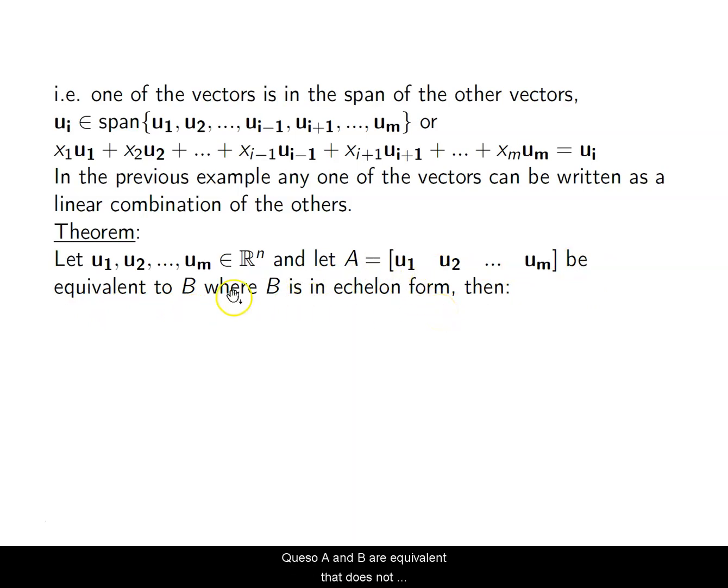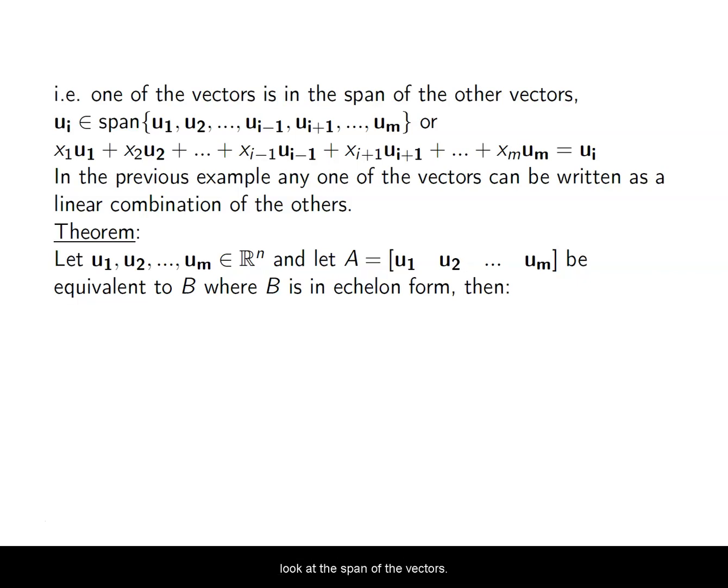Let this be equivalent to B, where B is in echelon form. So A and B are equivalent. That does not mean they are the same. B does not equal A. I'm taking A, and then I reduce it down to echelon form. That echelon form I'm calling B, because it is a different matrix. It's not the same matrix, but it is equivalent in that it generates the same space.